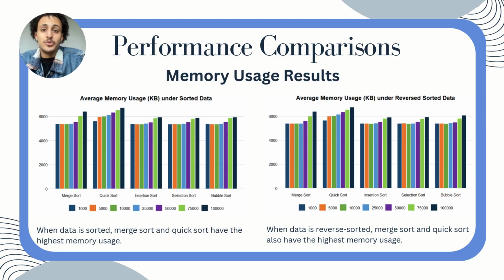On this slide, we are looking at the memory usage results for all sorting algorithms under 2 conditions, which are sorted data and reverse sorted data. Starting with the sorted data set on the left, we can see that merge sort and quick sort consistently show the highest memory usage across all input sizes.